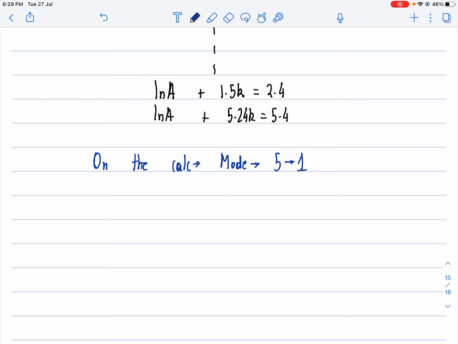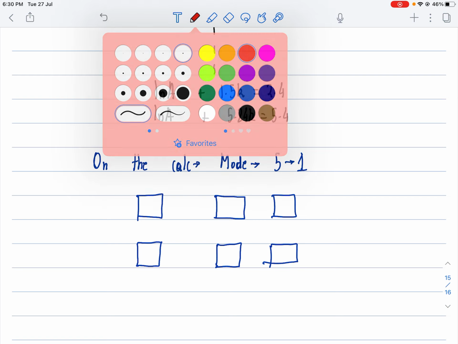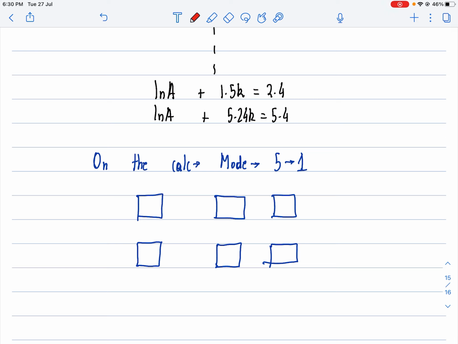For 1, you go to 1 for simultaneous and you go to 3 for quadratic. Here you have a simultaneous, correct? So I basically have 6 coefficient boxes here, correct? We did this in the last question also. The process is very similar, only you need to take care of the axes.